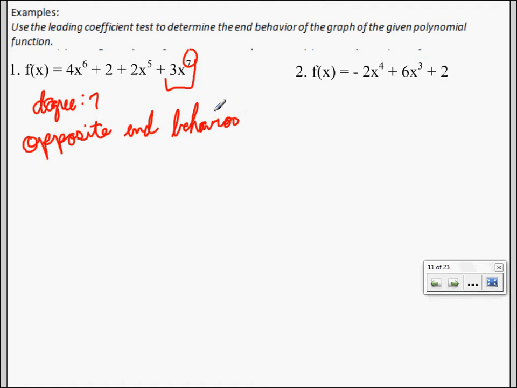And the leading coefficient is positive. So the graph falls to the left and rises to the right. So the graph will have this for its end behavior.